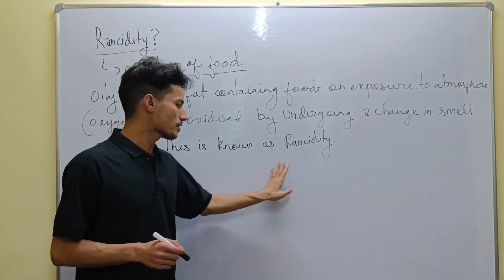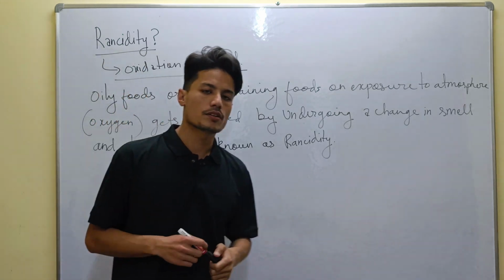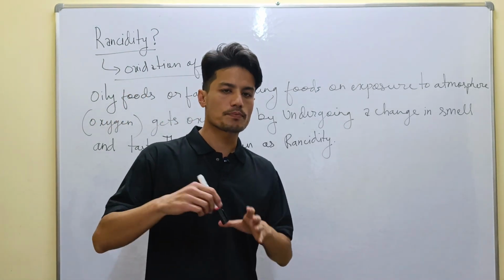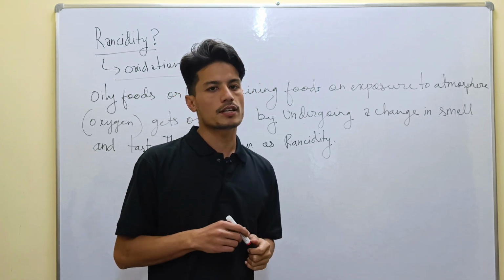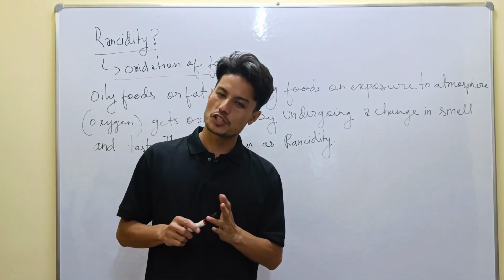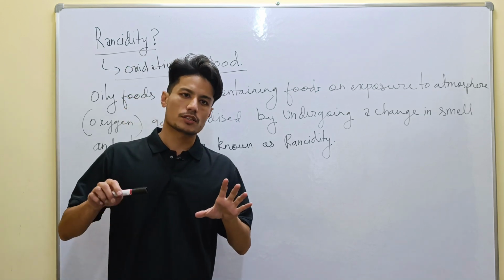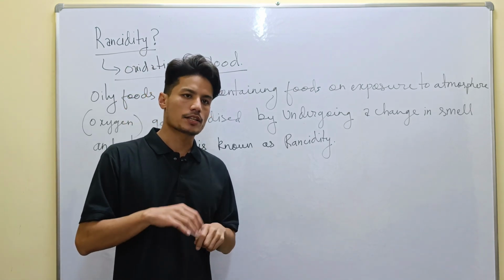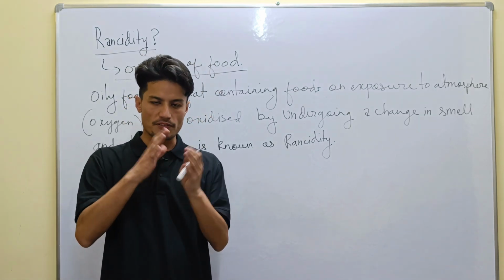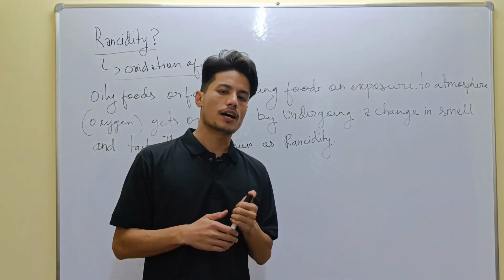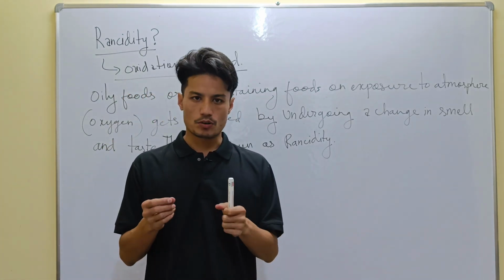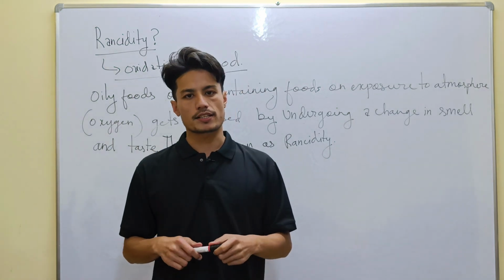We are preventing rancidity by flushing packed foods, especially foods like potato chips. We are very fond of Lay's and Uncle Chips and all that. Whenever they are being packed, they are flushed with nitrogen inside. So the puffiness which you observe when you buy an Uncle Chips packet or Lay's packet is because of nitrogen present inside the packet.